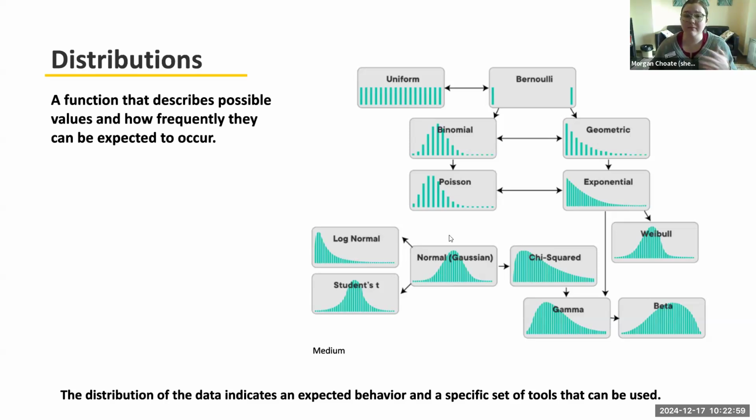It's predictable. And that's why some tests are very specific to normal distributions, because you can anticipate the behavior of this data. So you can just apply any parametric technique and expect it to do the same thing that it would do on a different set of normal data. Whereas if you applied techniques that were intended for this very symmetrical, predictable data to something like uniform data or geometric data, you've got entirely different behavior going on here.